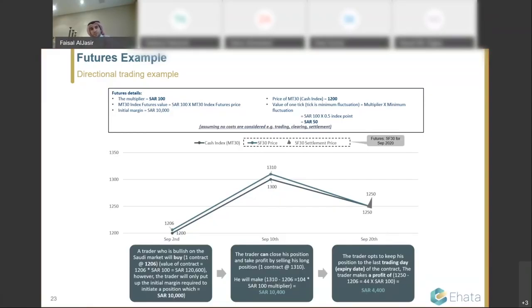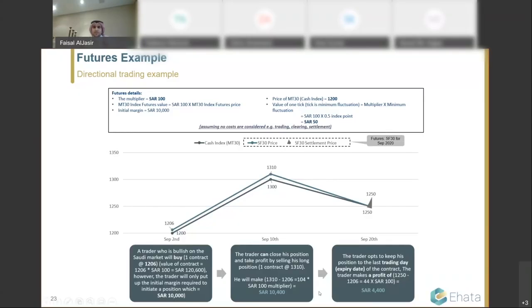So if you look at this situation here, basically your mark to market, and when you say mark to market, what is the fair value of your position as we stand? So when we look at that, you would see 1,310. If you subtract 1,206 from that, you get 104.